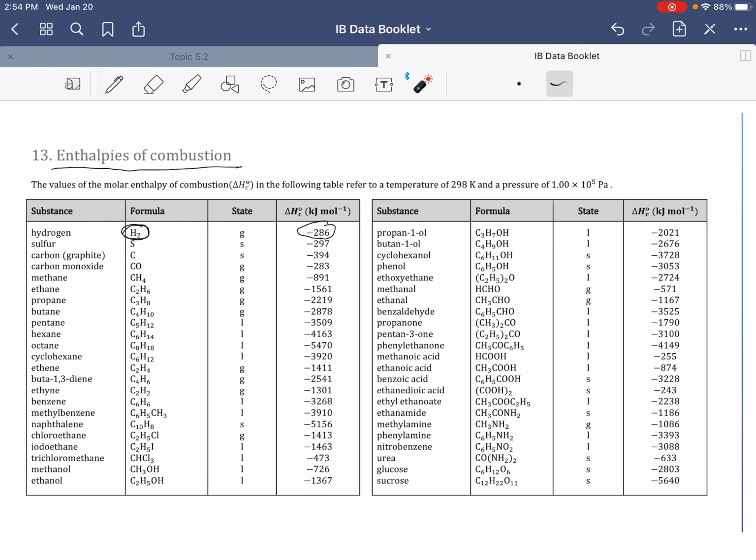Combustion reactions are definitely very popular and very useful. So scientists thought, why don't I combust a whole bunch of things and record their enthalpy of combustion, so later on people can use this data? Use this data on what?